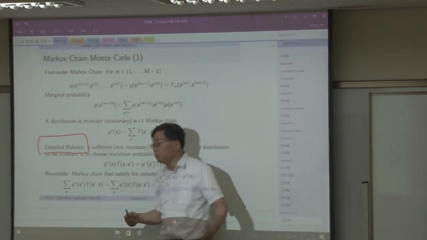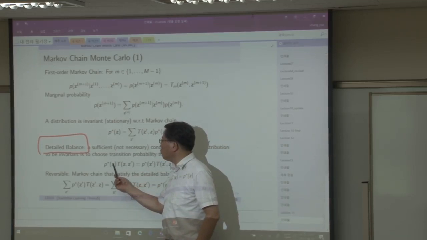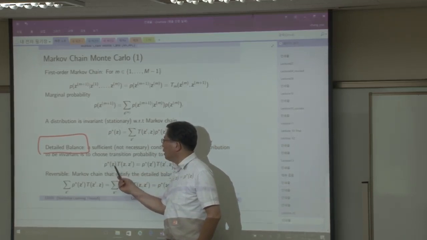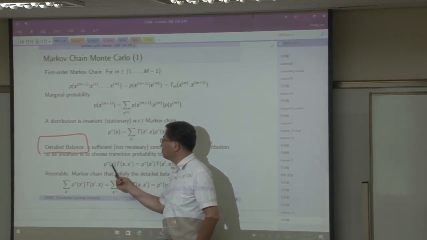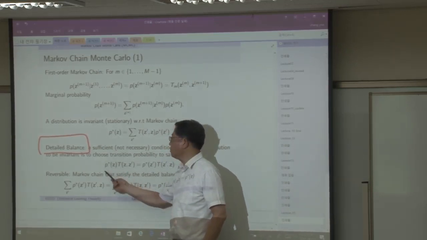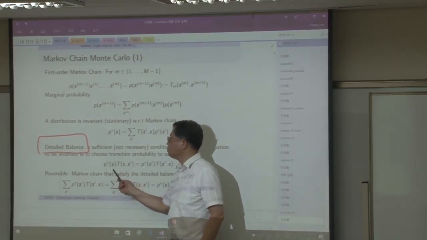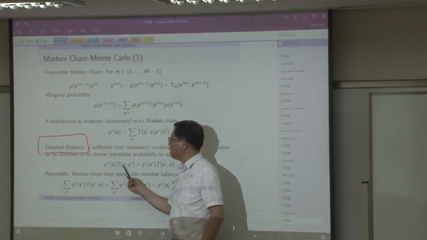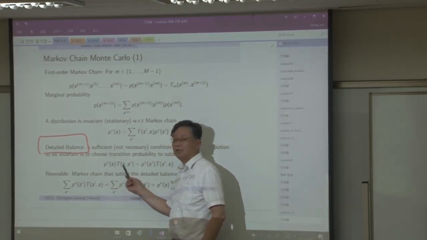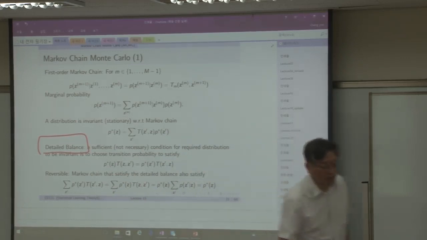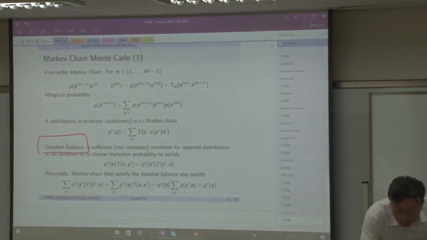I explained it previously. You start with some probability at z, and this T represents the transition. The book has it this way. This is a transition from z to z prime.